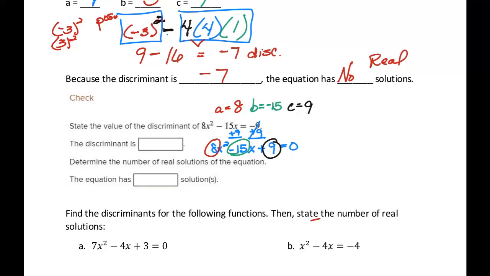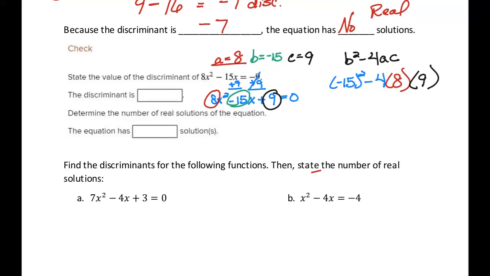The discriminant is B squared minus 4AC. B is negative 15 squared. Remember, anytime you have a negative value, put it in parentheses. Minus 4 times my A value of 8 times my C value of 9.